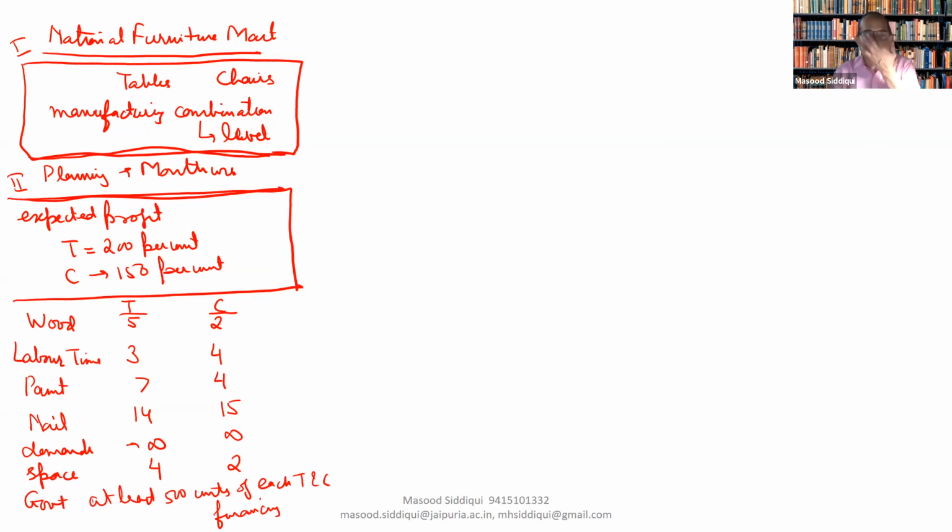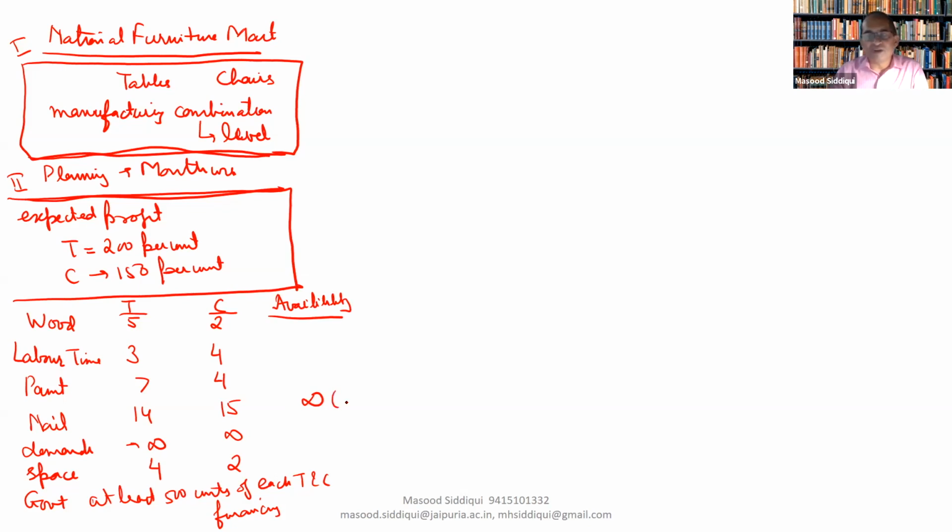Now we move to the further part of the case. It has been mentioned that it has a sufficient amount of nails. So if we consider the availability of these resources, it has sufficient nails, right? It has been given that Harsh has a sufficiently large number of good quality nails.